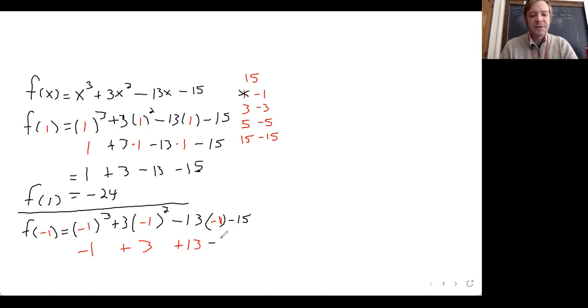Lastly, the -15 will stay the same. So now if we combine these together, we have -1 plus 3, which is 2, and then 2 plus 13 is 15, and 15 minus 15 gives us 0 here. And that's exactly what we're looking for.